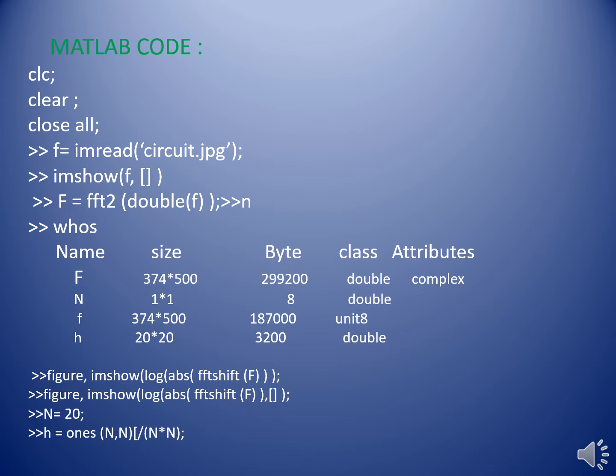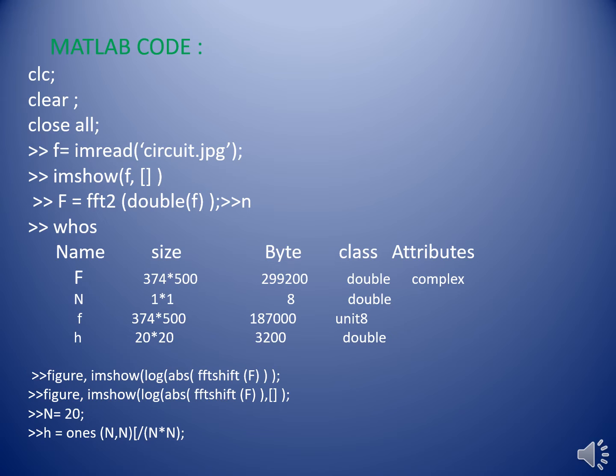So let's view that for visualization, and we'll take the log to enhance small values and take the absolute values of those complex numbers, and then we will shift the transform so that the zero frequency is in the middle, so that will be the Fourier transform of the image, the circuit here.